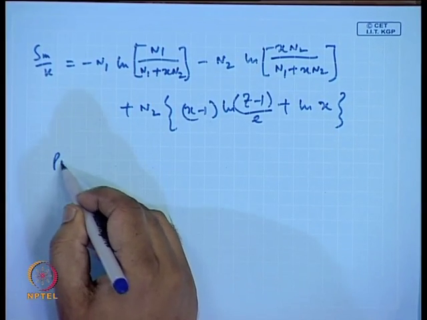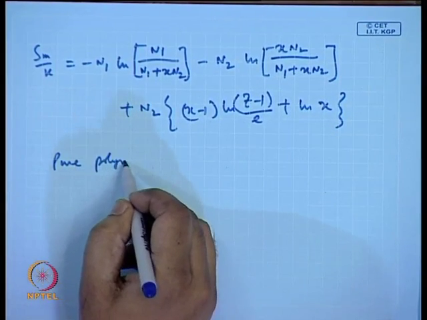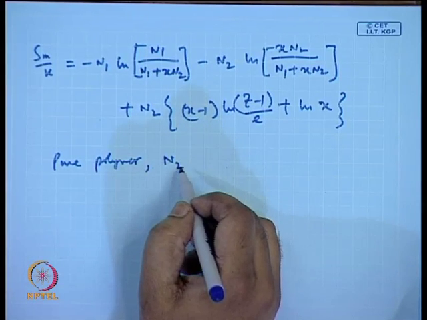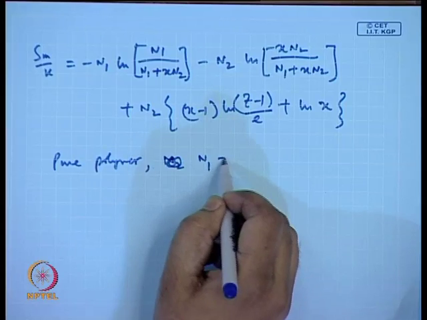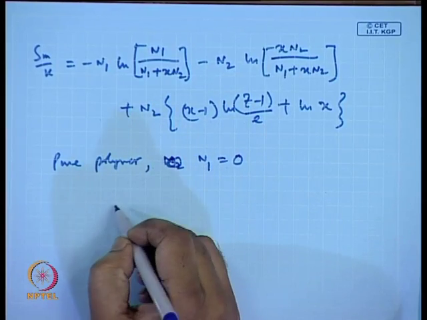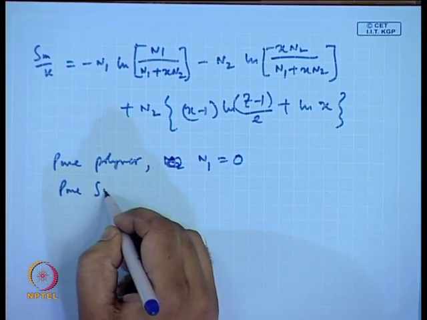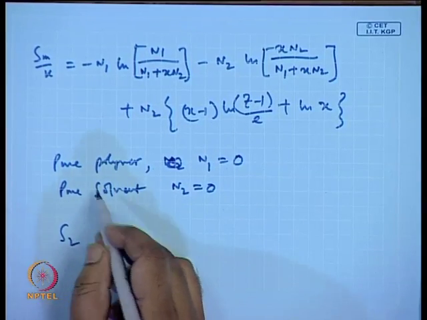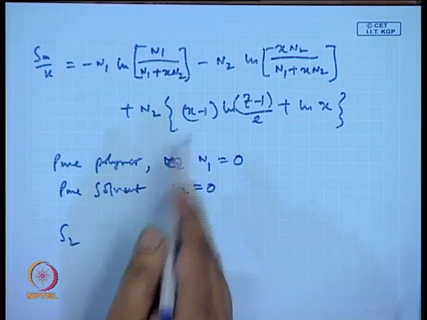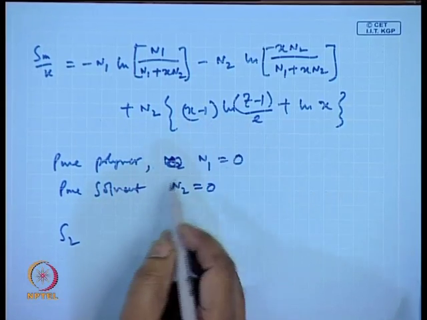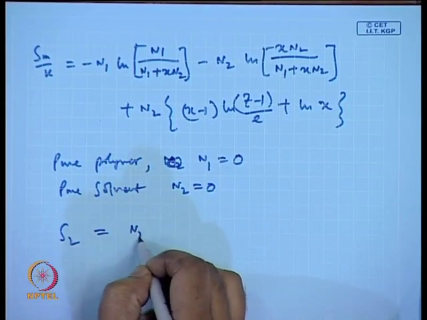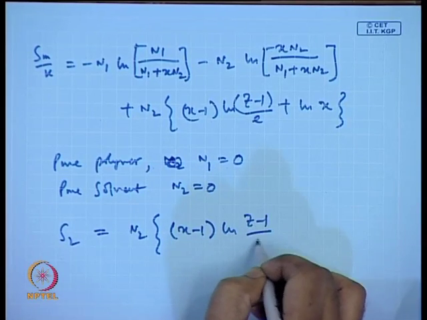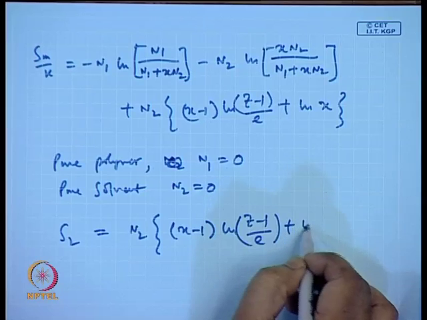So, for pure polymer, N1 is 0, and for pure solvent, N2 is 0. So, S2 for the pure polymer we can get from this expression just by putting N1 as 0, which should be N2 [(x minus 1) ln((x minus 1)/e) plus ln x].